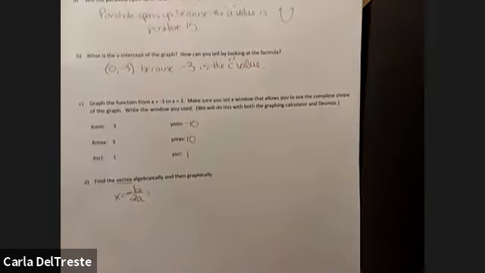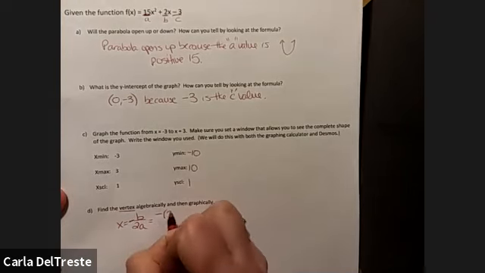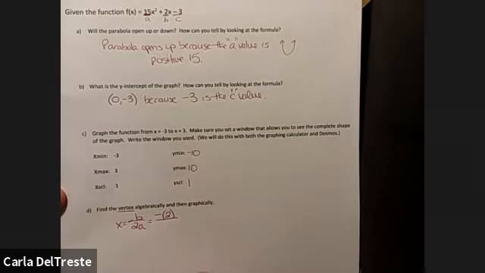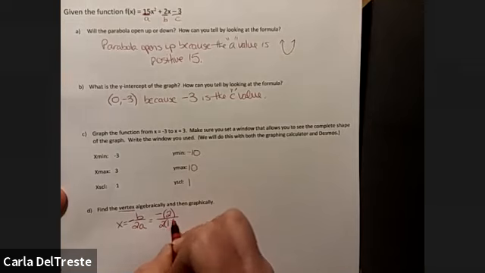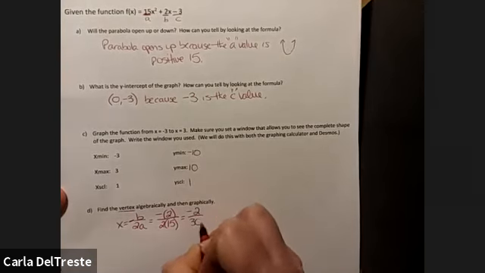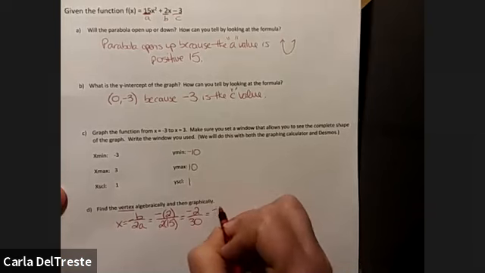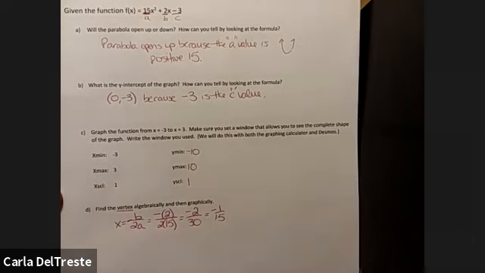So back up to the top, if I look at the original function, my b is 2. So it's going to be -2 over 2 times 15. So this is -2 over 30. You have to evaluate the numerator and denominator separately. And this simplifies to -1/15.